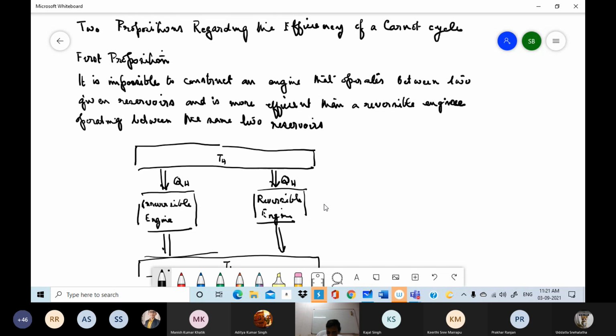We don't know which is higher, we don't know which is lower, but all we know is the two could have two different efficiencies. So the efficiency of a heat engine would be W by QH. By assumption, we are operating the two engines in such a way that QH is the same for both. So then the W would be different for the two if the efficiencies are different.